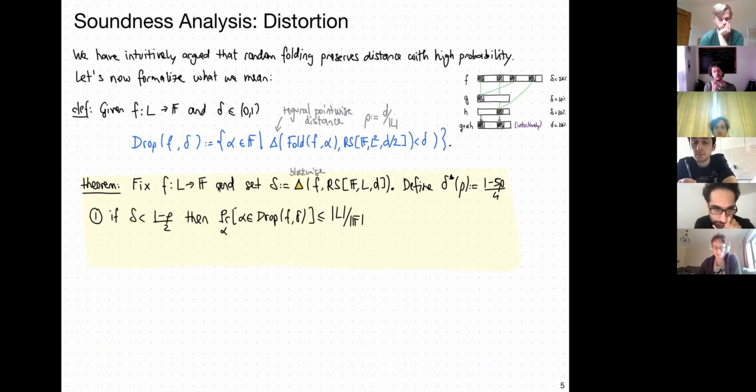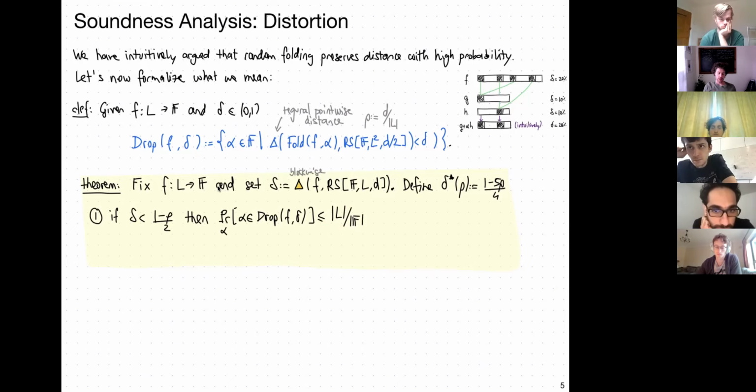What we know is that if the distance is at most (1 - rho)/2, if we are in the unique decoding radius, if the function itself is close to some unique low degree polynomial, then the probability of an element being in the drop set is bounded by L over |F|.